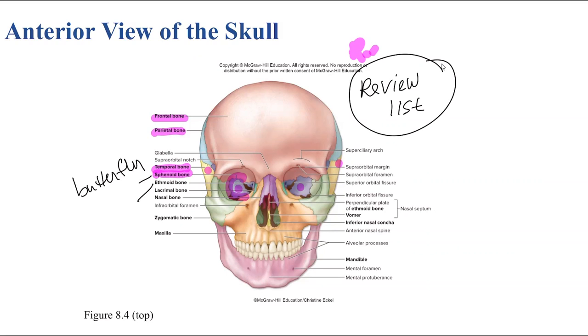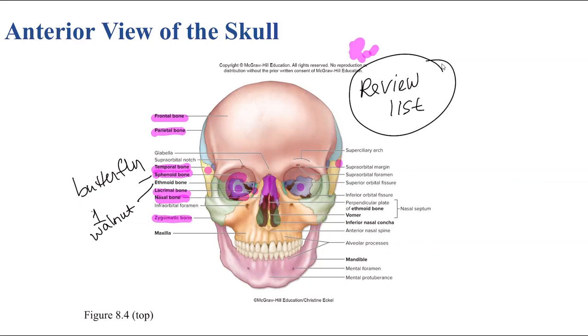Okay, now the ethmoid bone, there's only one of those, right? And the ethmoid bone, it kind of looks like a walnut. And we'll open up the picture of the skull and you'll be able to see those. Okay, lacrimal is tears. They're small bones at the corners of your eyes. Okay, and the nasal bone is part of the bridge of your nose.